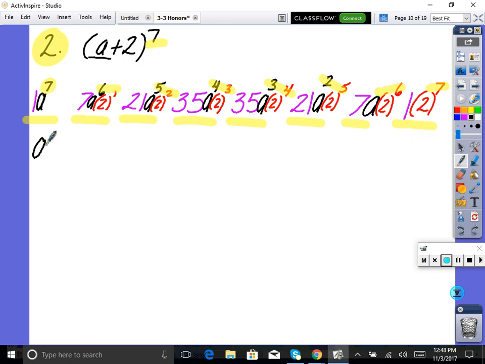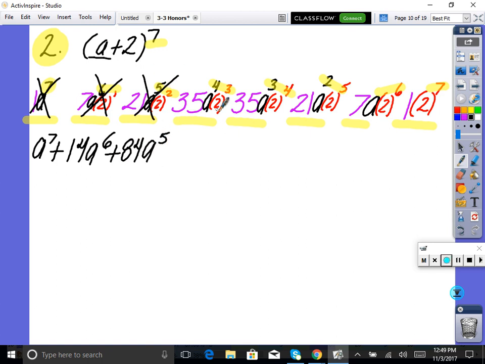a to the 7th plus, this will be 2 times 7, 14, a to the 6th. I'm going to even cross them out as I go. Now look, isn't this 4 times 21, everybody? Which is plus 84, a to the 5th. Now we have 8 times 35, plus 280, a to the 4th.